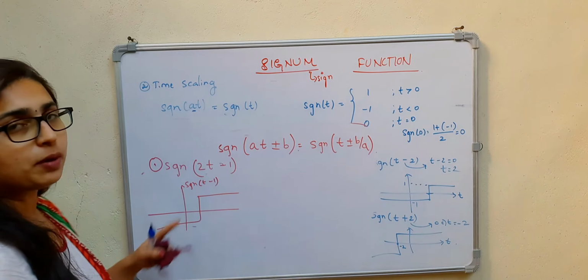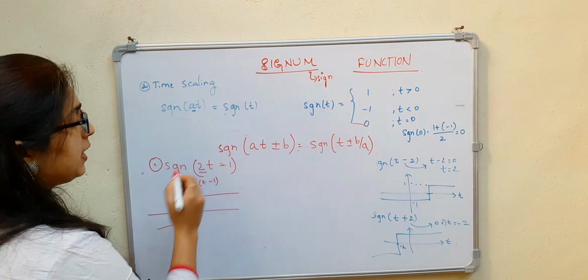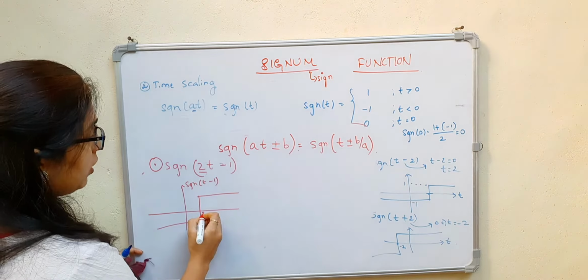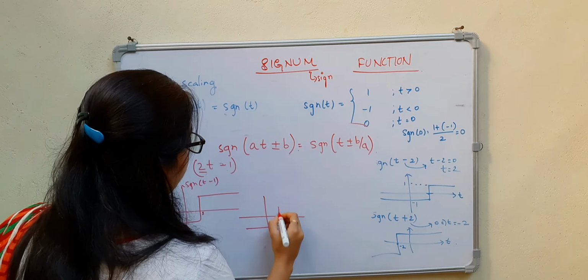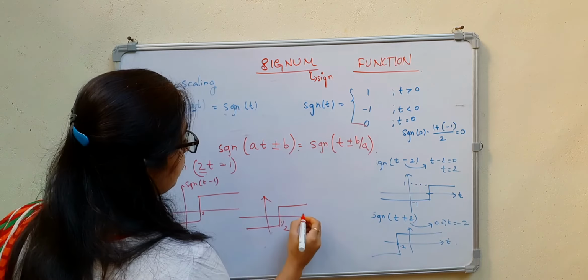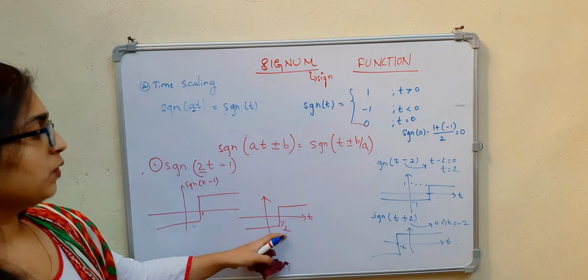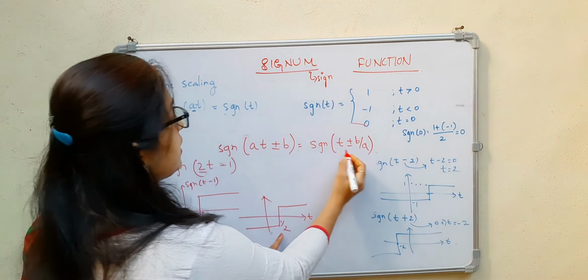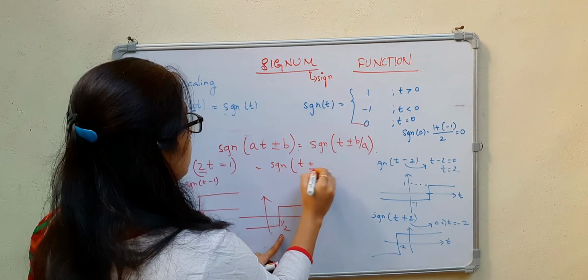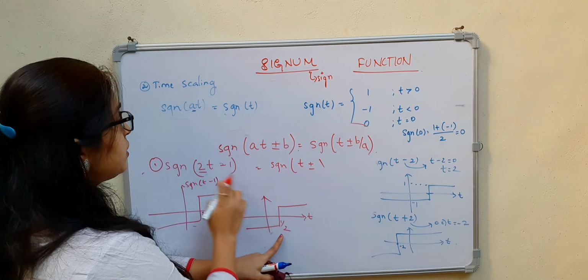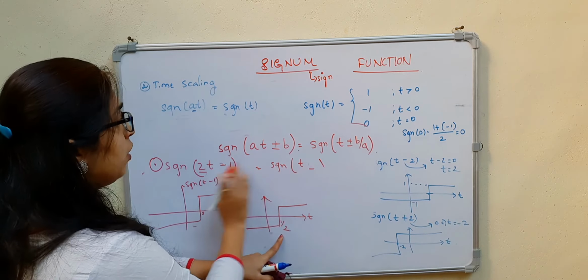Next we are going to perform the scaling operation, that is divided by 2. So you will have 1 divided by 2. See, 1 divided by 2. So this is nothing but signum t plus or minus, what is your b? It is 1, so minus 1.